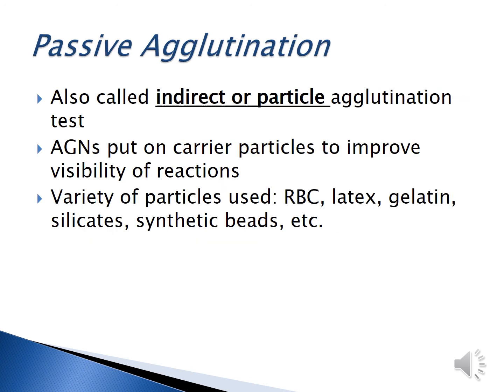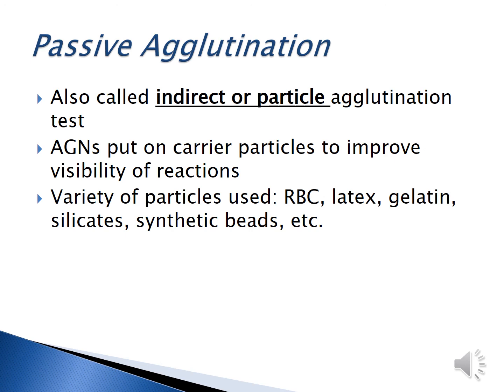We're going to begin with some agglutination testing, and the first one in this instance would be passive agglutination. There are other names for this type of test, including indirect or particle agglutination, but for testing purposes, we'll refer to it as passive agglutination.